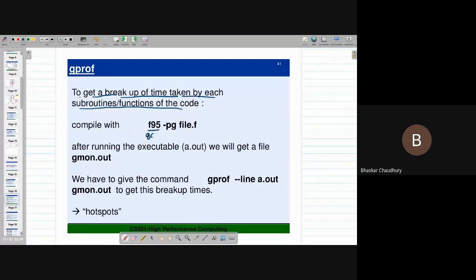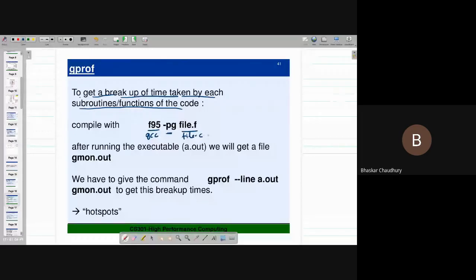If you are using the Intel compiler, ICC, you have to use a different profiler. So let's say you are using the GNU compiler GCC, and then you use this flag -pg, and then the file name. In this case, if you are using C, this will be file.c, or .cu for CUDA.